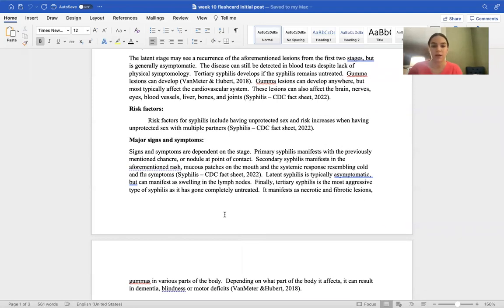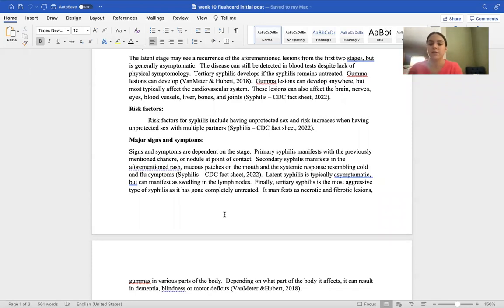Like I mentioned, primary syphilis manifests with the previously mentioned chancre or nodule at point of contact. Secondary syphilis manifests with the rash that I mentioned, the mucus patches on the mouth and tongue, and then the systemic response. Latent syphilis can manifest as swelling in the lymph nodes. And finally, tertiary syphilis, which is obviously the most aggressive type as it's gone untreated.